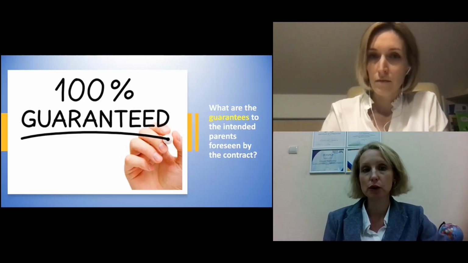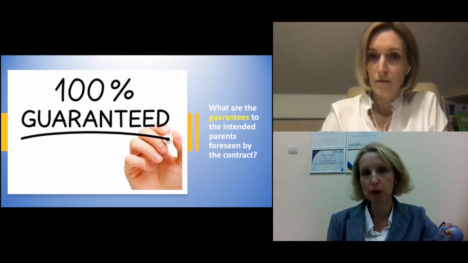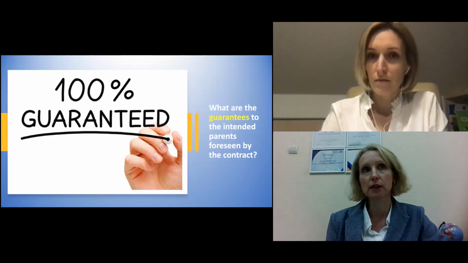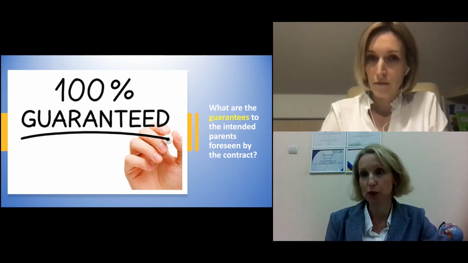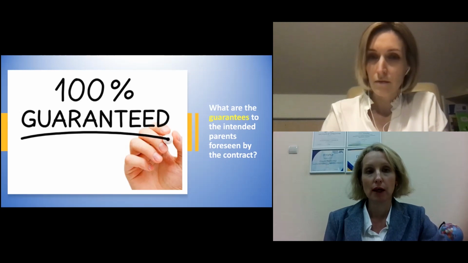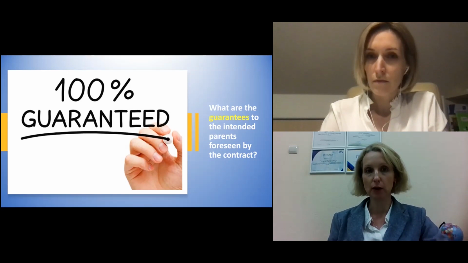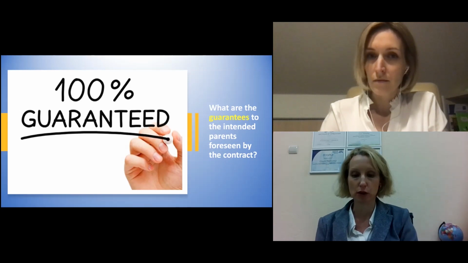And it is also very important from my point of view that the surrogate mother underlines that she understands and is aware of all risks and is fine about all inconveniences of pregnancy and delivery process, including C-section, also a lot of disputes about it. And she signs the contract in full understanding of the process. It's very important to include these passages there.